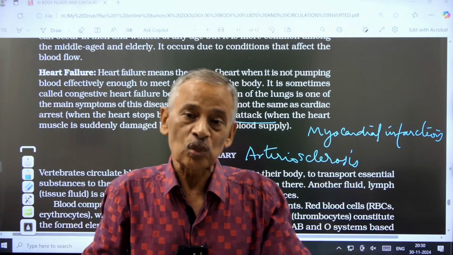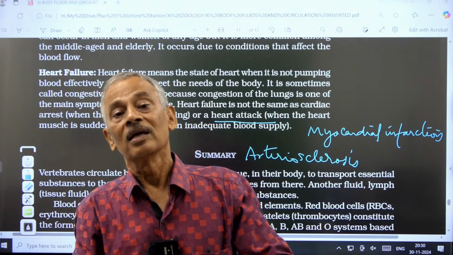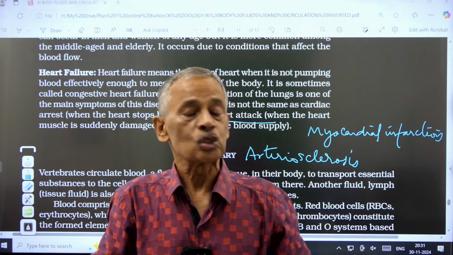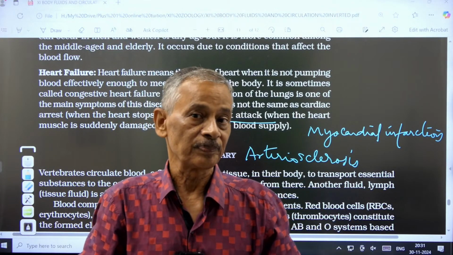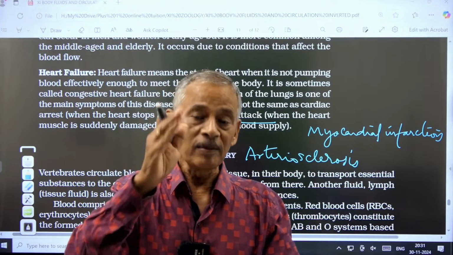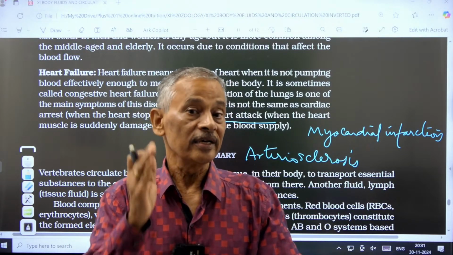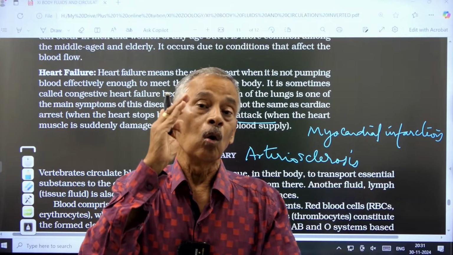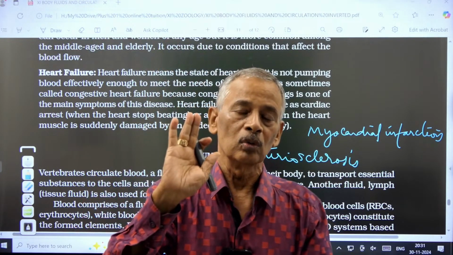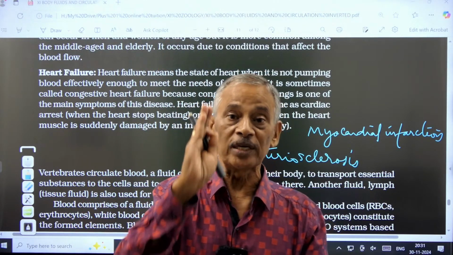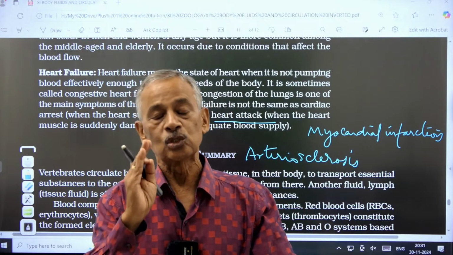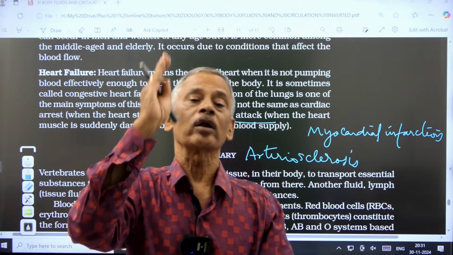His systolic pressure may be a bit high, but diastolic pressure should not be over 90. You can call hypertensive only if the diastolic pressure is 90 or above. So diastolic pressure is to be taken into account more. It should not be 90 or above.